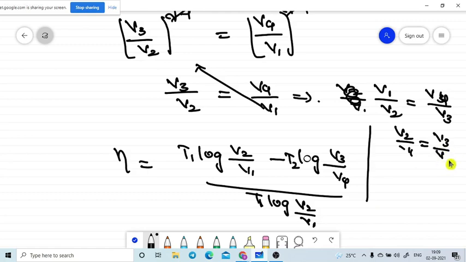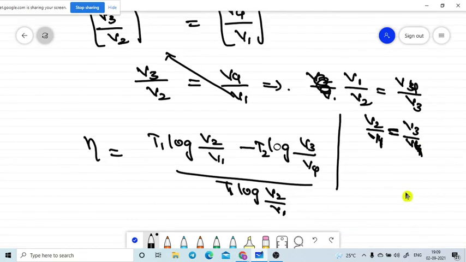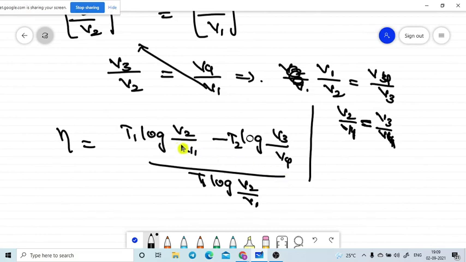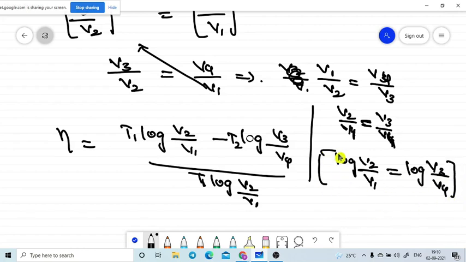Are you getting or not? V3 by V4 only, right? So that means it is indirectly saying that log of V2 by V1 is equal to log of V3 by V4. Both are the same. So these two parts are common, and I am taking the common term.